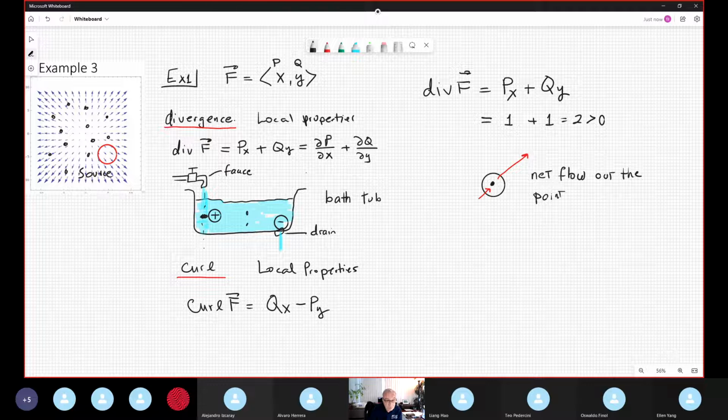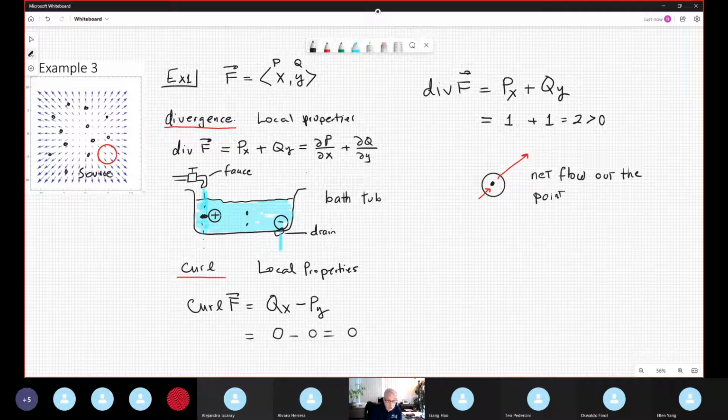Entonces, now, when you compute that, bueno, let's do it. It is partial derivative q. Q is y. In this example, partial derivative with respect to x is 0, because we have no x, minus partial derivative p with respect to y, we have no y, is 0. 0 minus 0 is 0. What does it mean that the curl is 0?